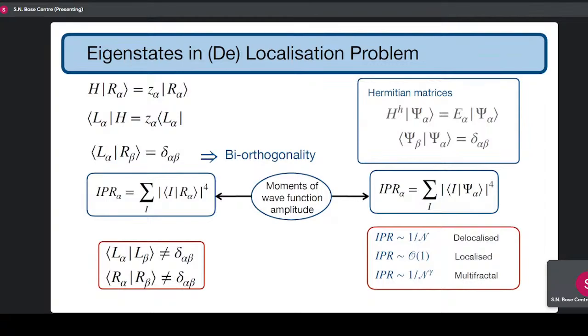Different left eigenvectors corresponding to different eigenvalues are not actually orthogonal, so this inner product of L alpha and L beta can be non-zero even when alpha and beta are indices of two separate eigenvalues.